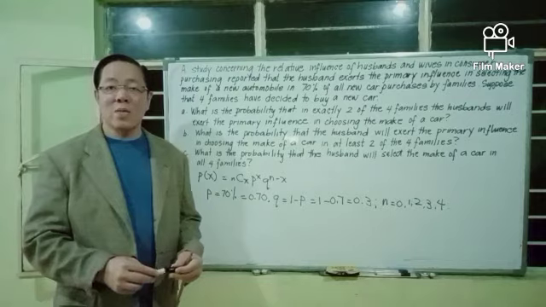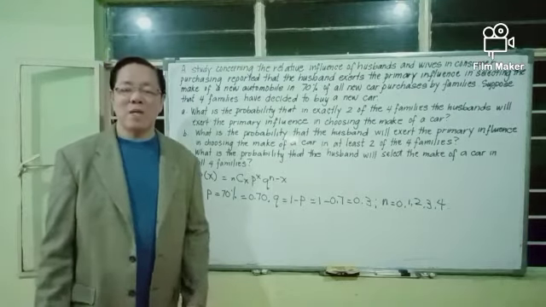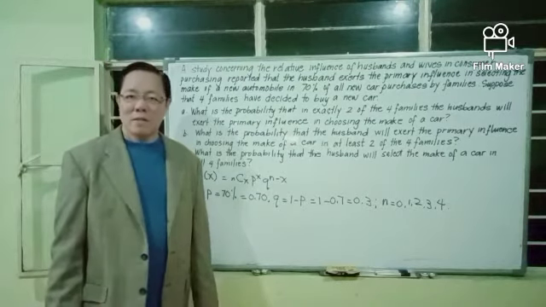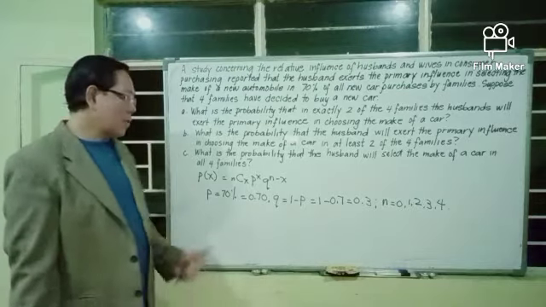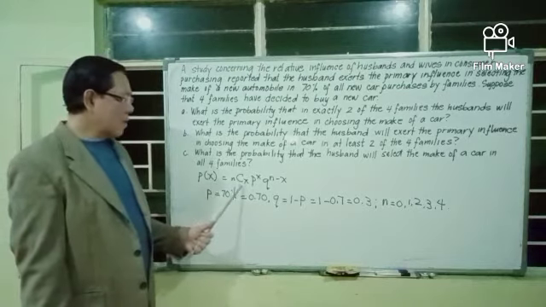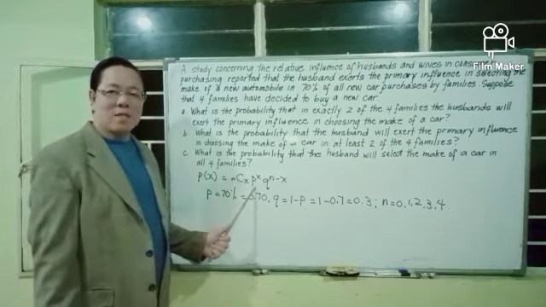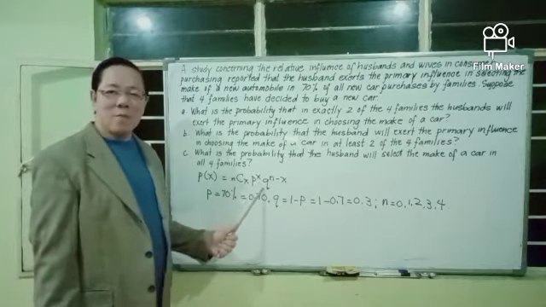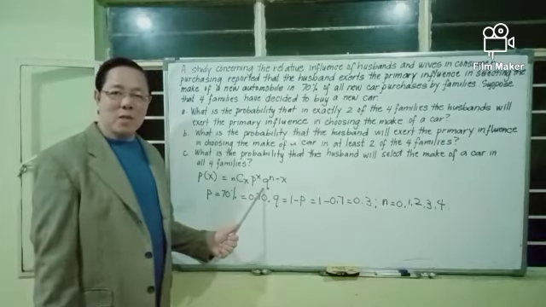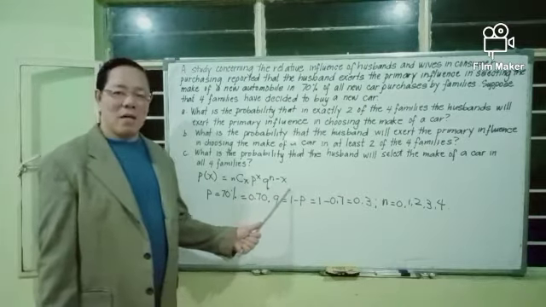For the discrete random variable for a binomial experiment, the probability that that random variable will take some value x is given by combination of n taken x times the probability of success p to the power x times the probability of failure denoted by q to the power n minus x.